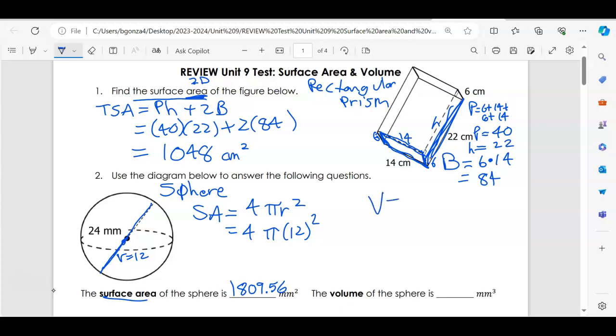And then volume of a sphere is 4/3 pi r cubed. So it's going to be 4/3 pi 12 cubed. Now remember, to get a cubed, you have to do caret 3 in the calculator.